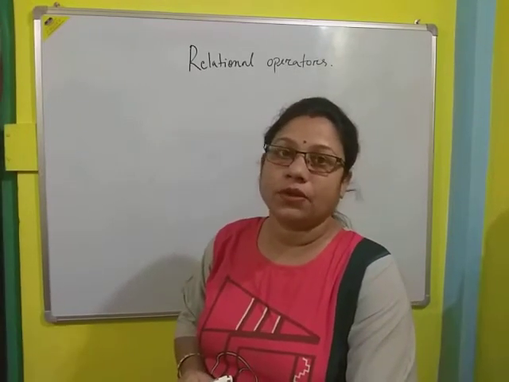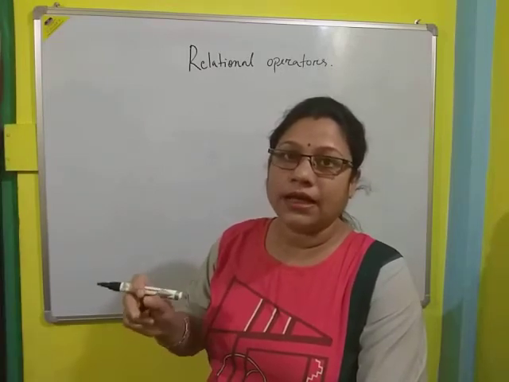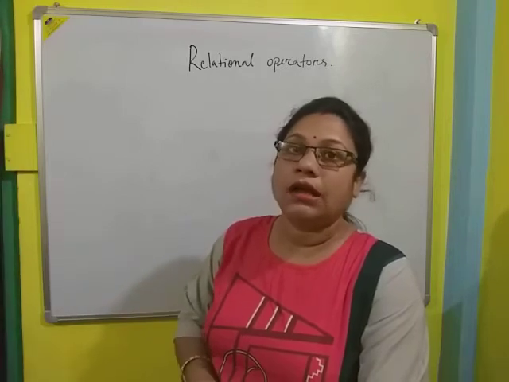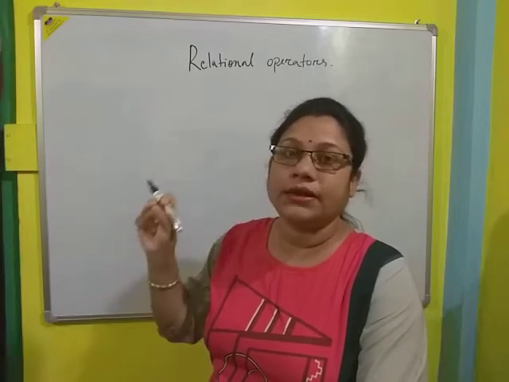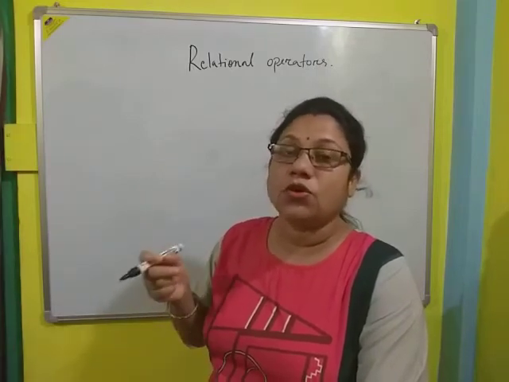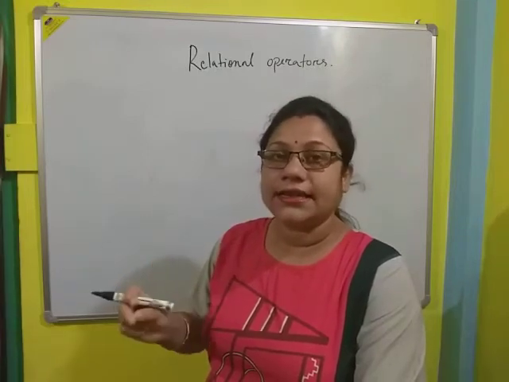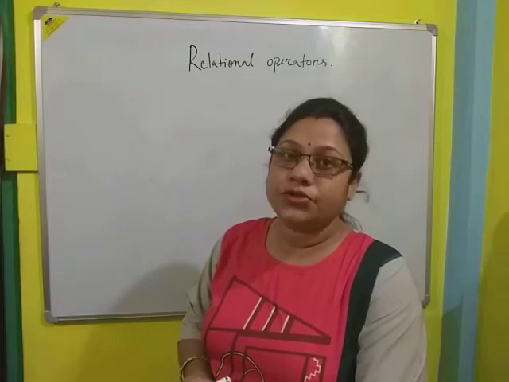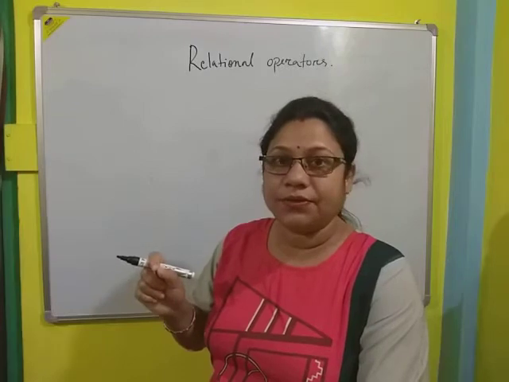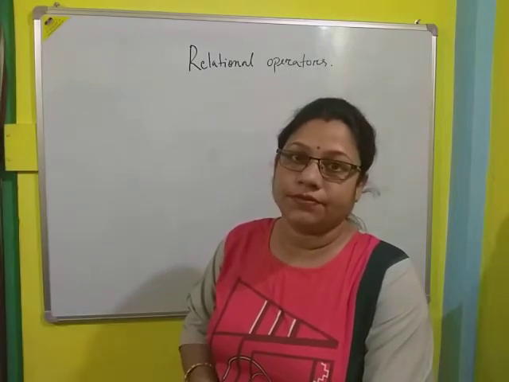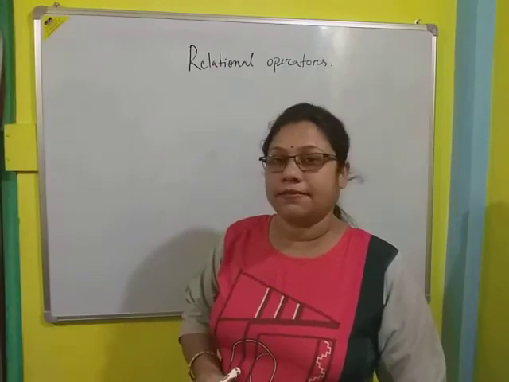But from the multiple rows, I want to display only the names of the students whose total marks is greater than equal to 350. That means the total marks is equal to 350 or greater than 350. For that, how to write the SQL statement?